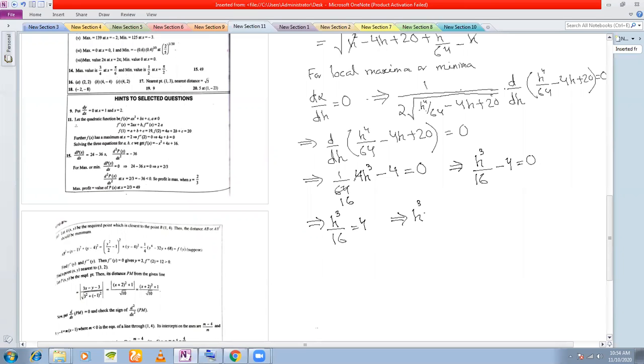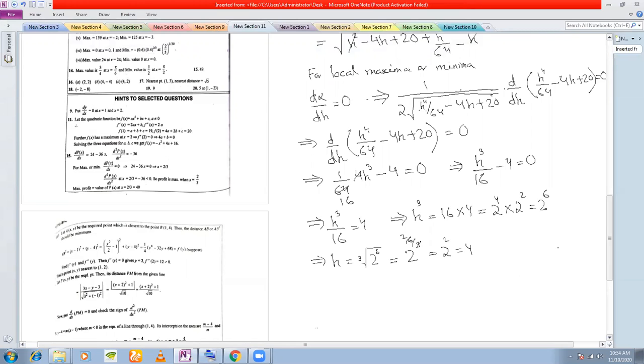So h cube is equal to 16 into 4. Now 16 is what? What is the power of 2? 2 to the power of 4 into 2 square, which is 2 to the power of 6. So therefore h cube is 2 to the power of 6, so h is 2 to the power of 6 by 3. From the law of indices, you simply get h is 2 square, which is 4. So h you are getting 4.